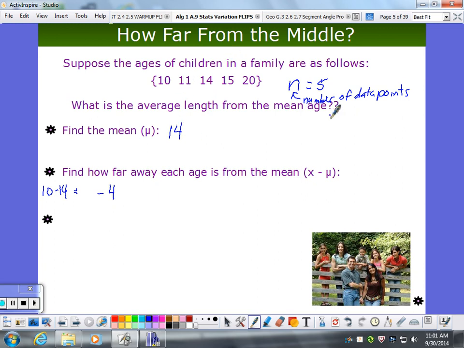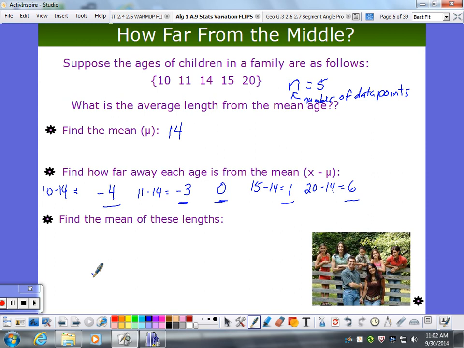Negative 3, because that person is 11, 3 years from 14, so 11 minus 14 says that person is 3 years under the mean. What about 14? 0, they're right at the mean. How about 15? Positive 1, because that person is 1 above the mean. 20: 6, because 20 minus 14 is 6. So these are the values. These are the distances from the mean.